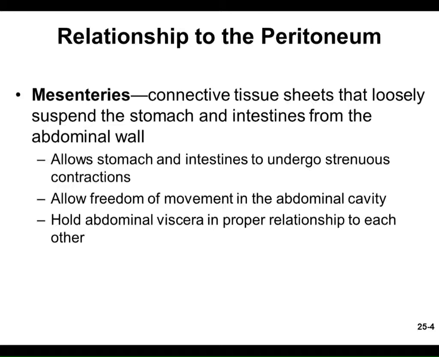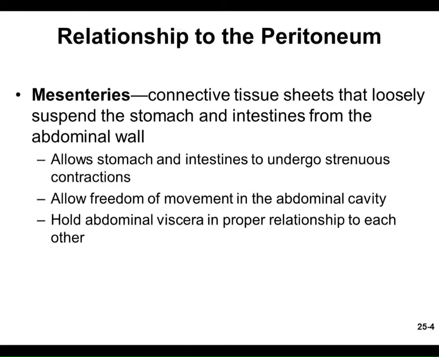If you think back to dissecting the fetal pigs, and if you were to lift up all of the intestines, you would note that they were sort of connected to one another through a very thin, almost translucent layer. Those are the mesenteries. And also these mesenteries are helping to suspend the stomach from the abdominal wall.